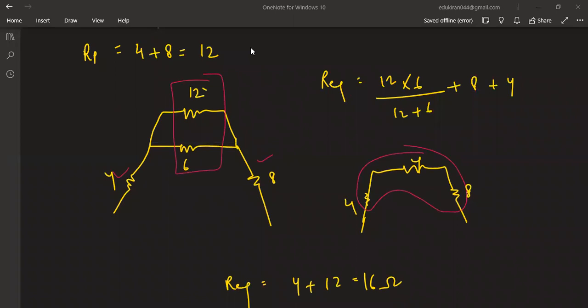Just text me done in the chat column once you've written. All right, class, those who have completed, you can leave.